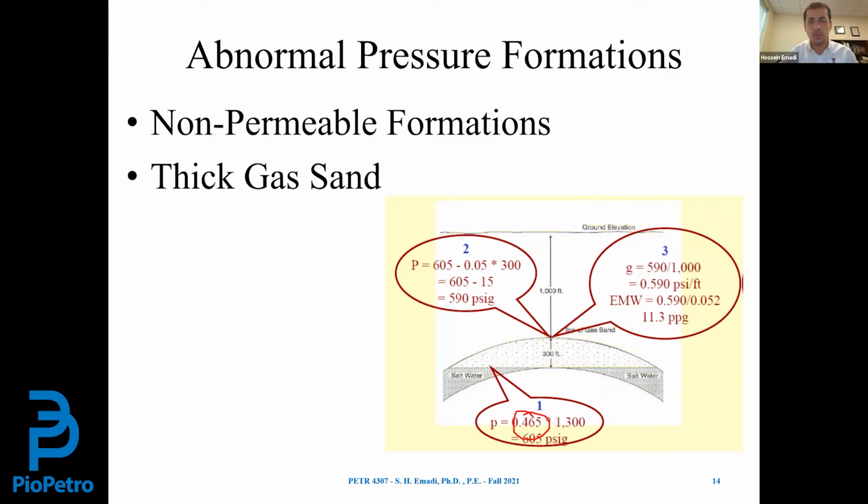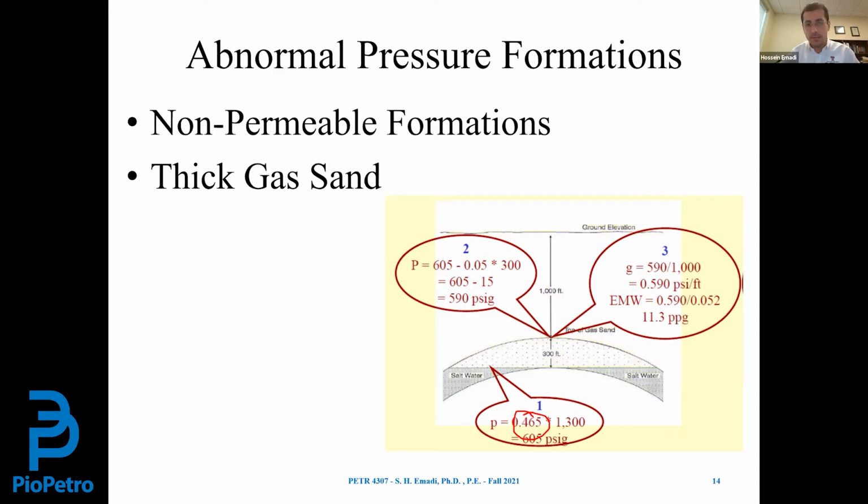So if we start entering, and we want to calculate the pressure right at the top of the gas cap, because by knowing the pressure at the top of the gas cap, we should be able to calculate the required mud weight to enter and drill the gas cap without experiencing any kick.